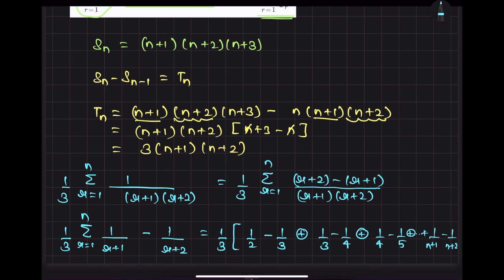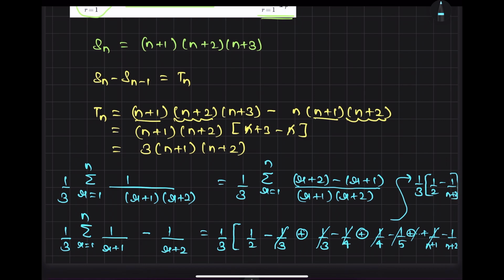Now look at this. The second component will eliminate the first component, this thing, this thing, this thing. So we will be left with 1 by 3 times 1 by 2 minus 1 by n plus 2.